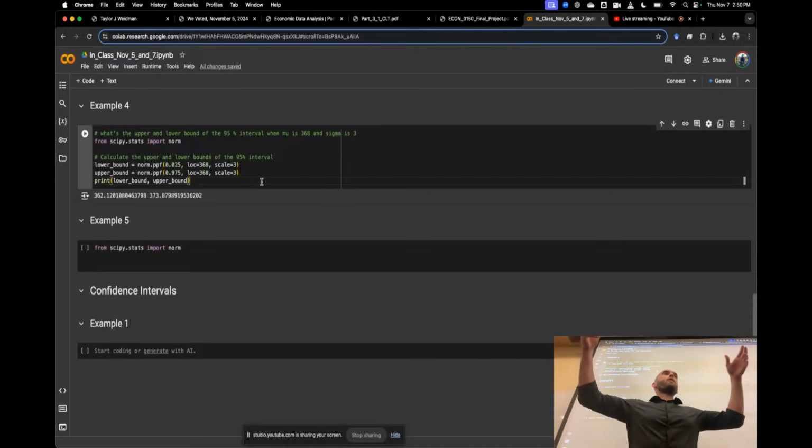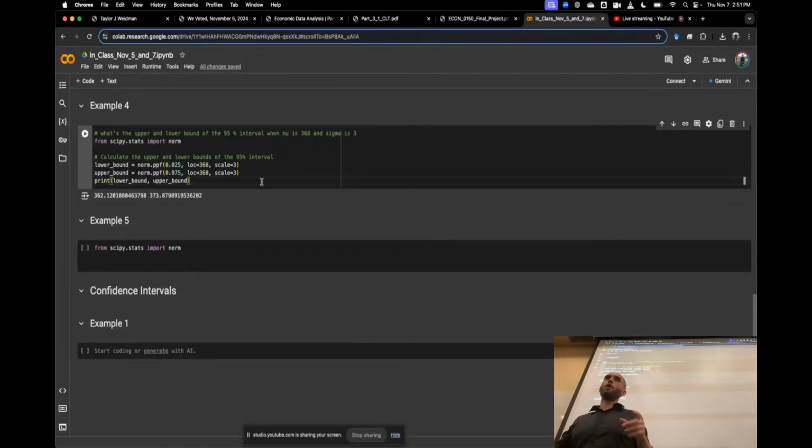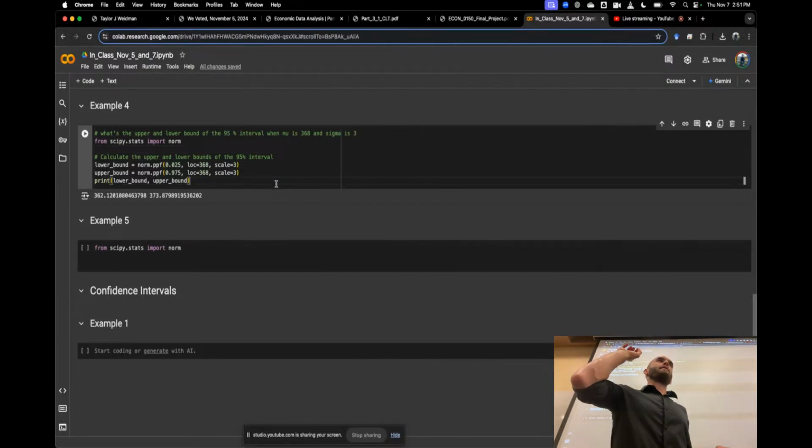But the main question at hand today is, what can we say about the population mean if we don't know the population statistic? If we don't know the population mean and we don't know the standard deviation, the spread of the distribution, what can we say just observing the sample?